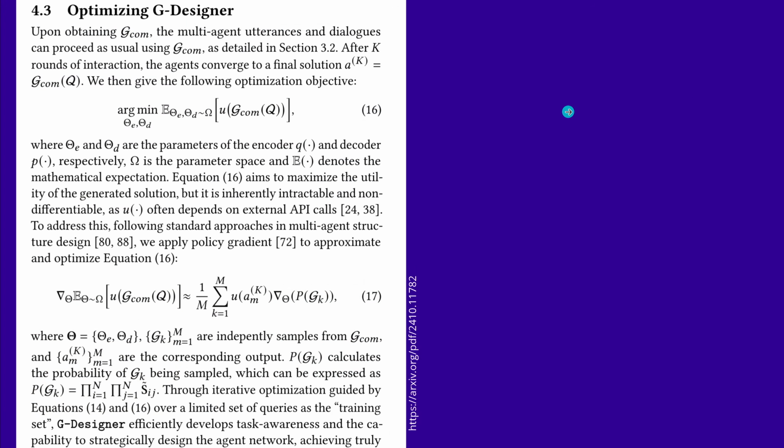So how do we now do the optimization of this intelligent AI machine, this MACP designer? Okay, so let's have a look at this. As I told you, we need time because the system needs to learn all of this. So we have K rounds of interaction, and hopefully all these agents converge to a final solution given my specific query as a user.